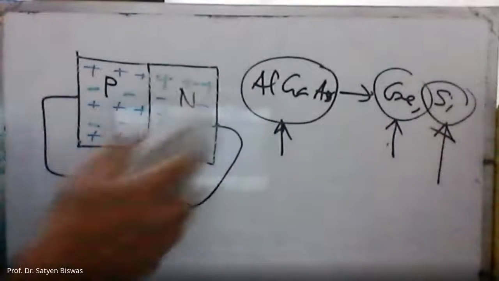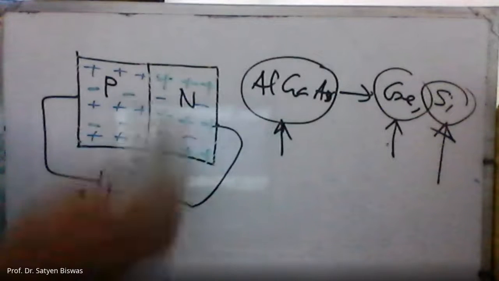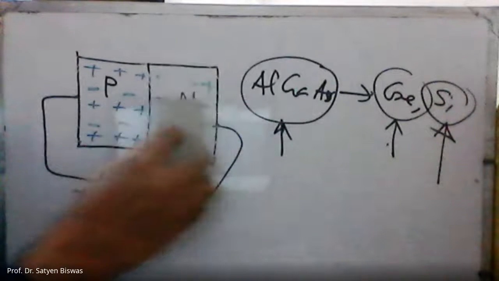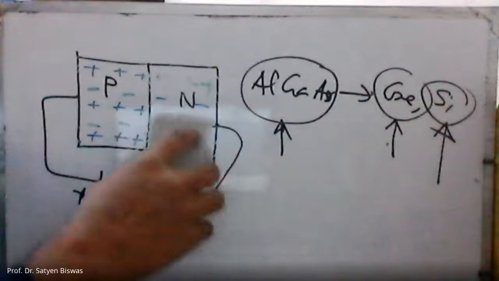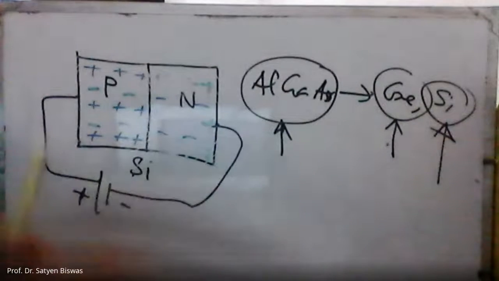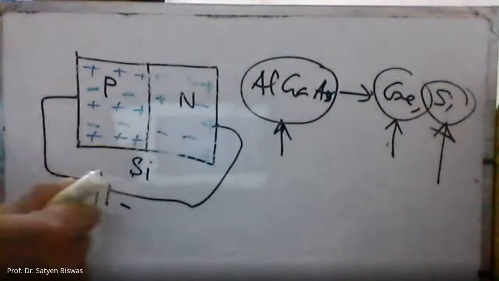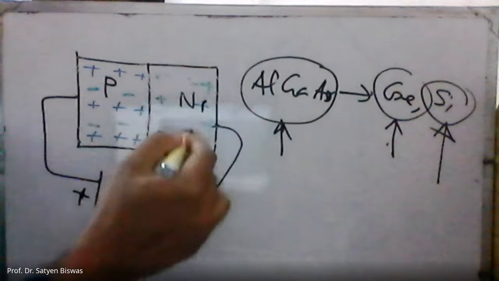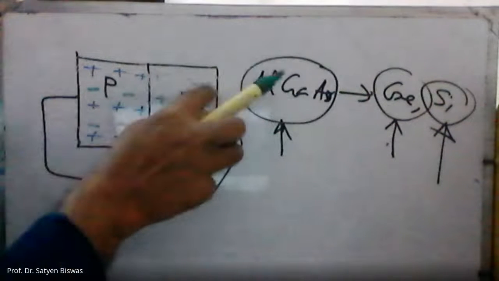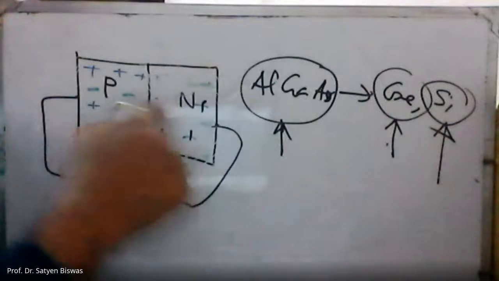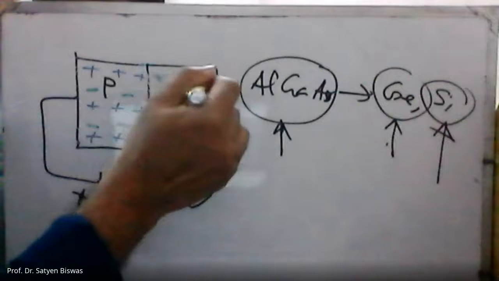I made a mistake in the diagram. There will be holes here, and this side is more negative, with more electrons.